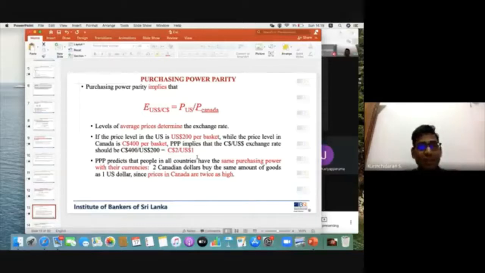Okay, so purchasing power parity implies that, as I discussed, the Canadian dollar, USD exchange rate can be determined by dividing the US price level by the Canada price level. The level of average price determines the exchange rate. Okay, let's look at this example, that would be clearer.